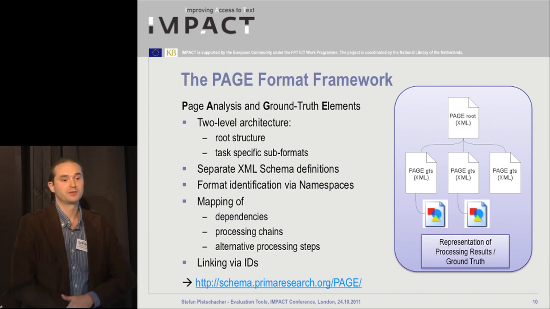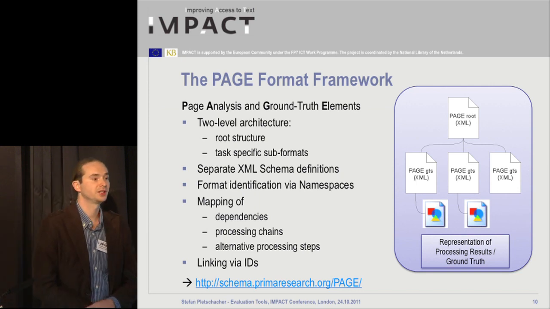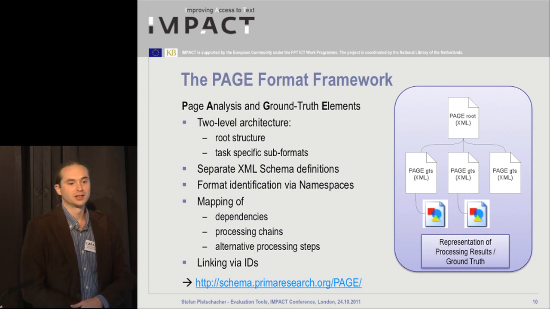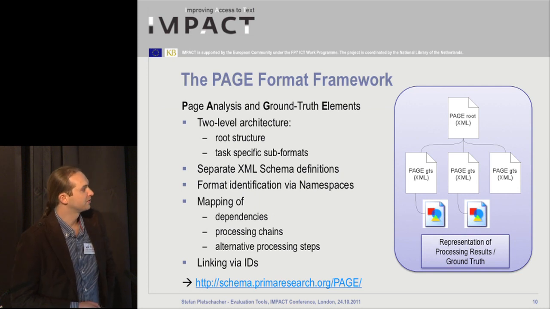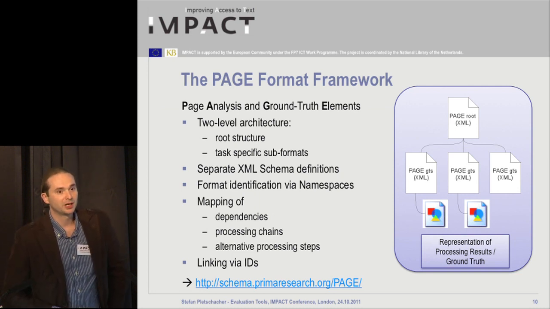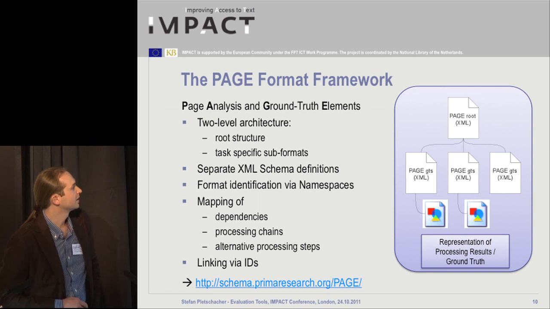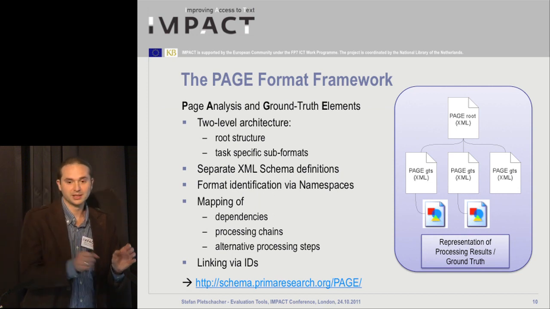The format is very important. I mentioned that already, that the existing formats weren't necessarily powerful enough or accurate enough to reflect all that. So Page was more or less also developed in the scope of Impact. And it has a two-level architecture. We have some root structure, which then can link basically those individual ground truth instances.